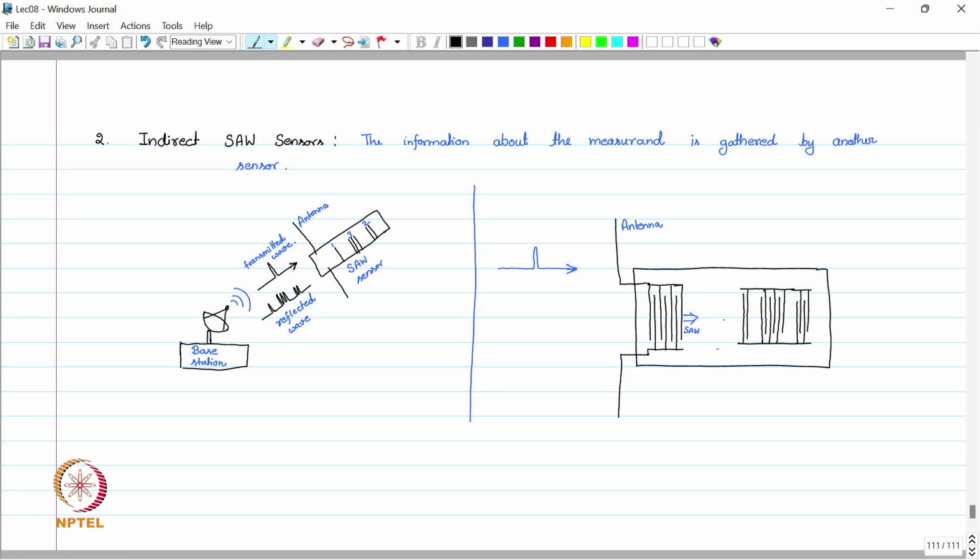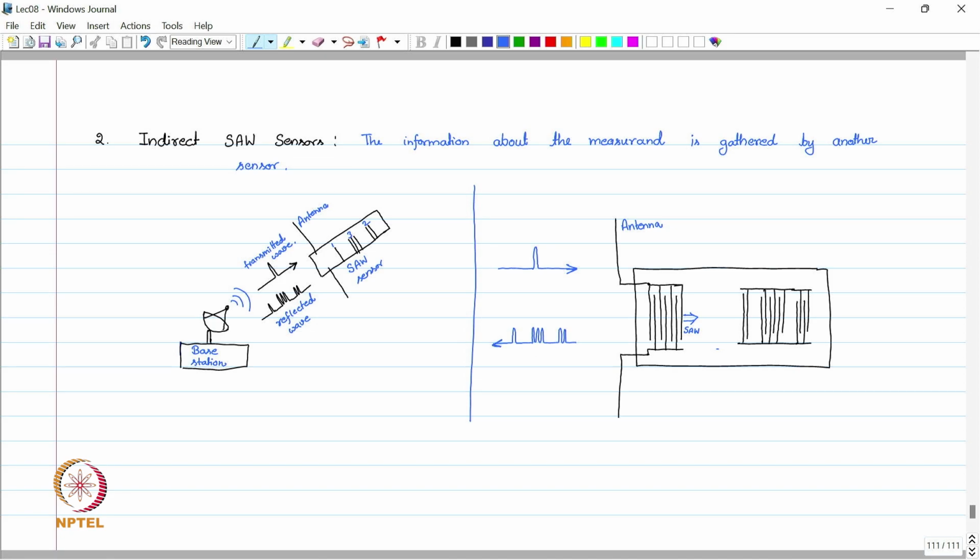So the reflected SAW wave, which will again be converted to an electrical signal, will come out like this. One peak because of the first reflector, then three peaks because of three reflectors, and then two peaks because of these two reflectors.